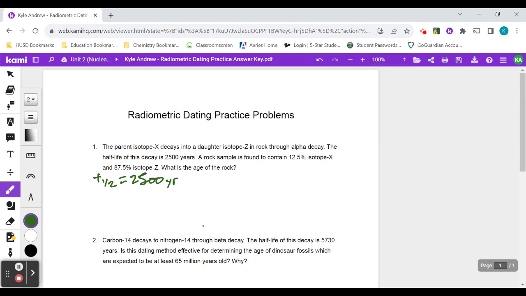So this is a very similar process to how all radiometric dating works. What we're going to do is use the ratio of the parent isotope, isotope X, and the daughter isotope, isotope Z, to identify how many half-lives have passed.